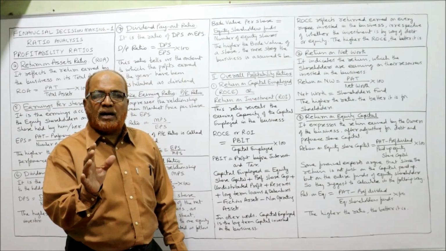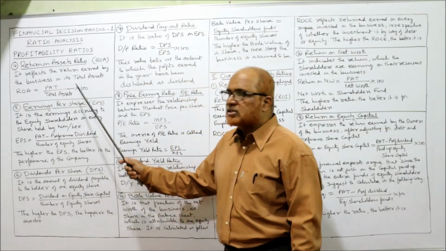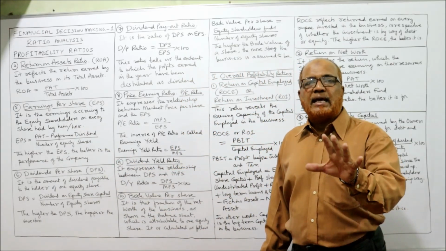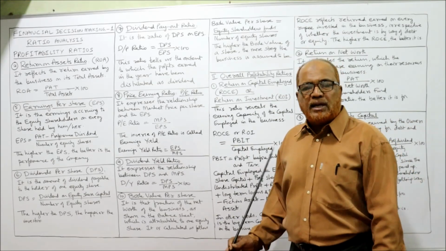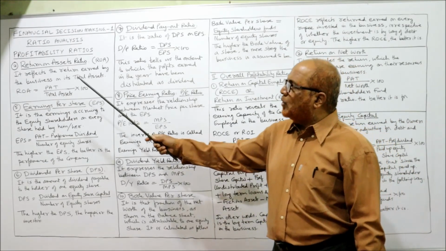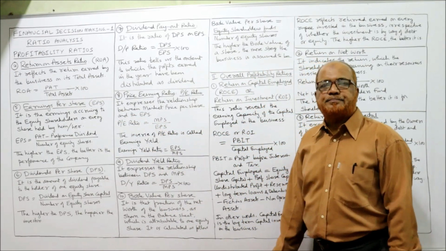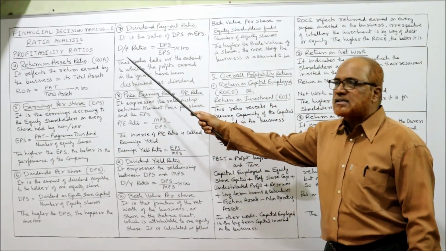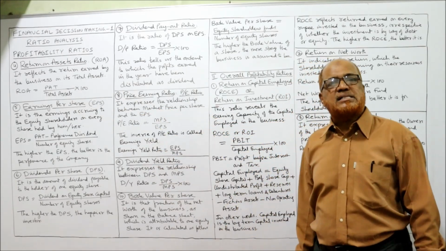Now I am continuing our discussion after the third ratio. Now the fourth ratio I am going to explain. Totally 10 ratios are there which are overall profitability ratios. So 3 ratios I have just now completed. Now the fourth ratio, return on assets, ROA. It reflects the return earned by the business on the total assets.